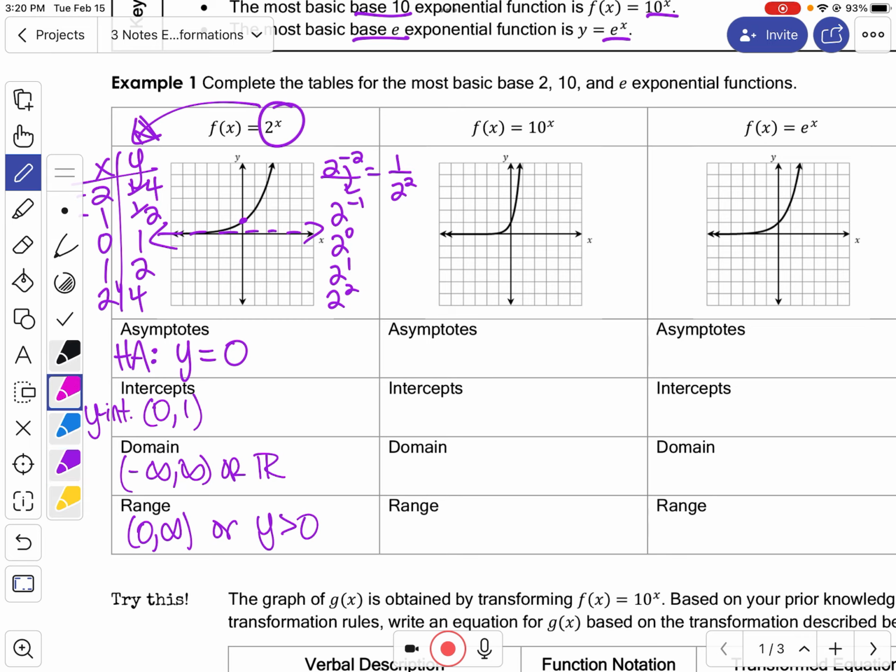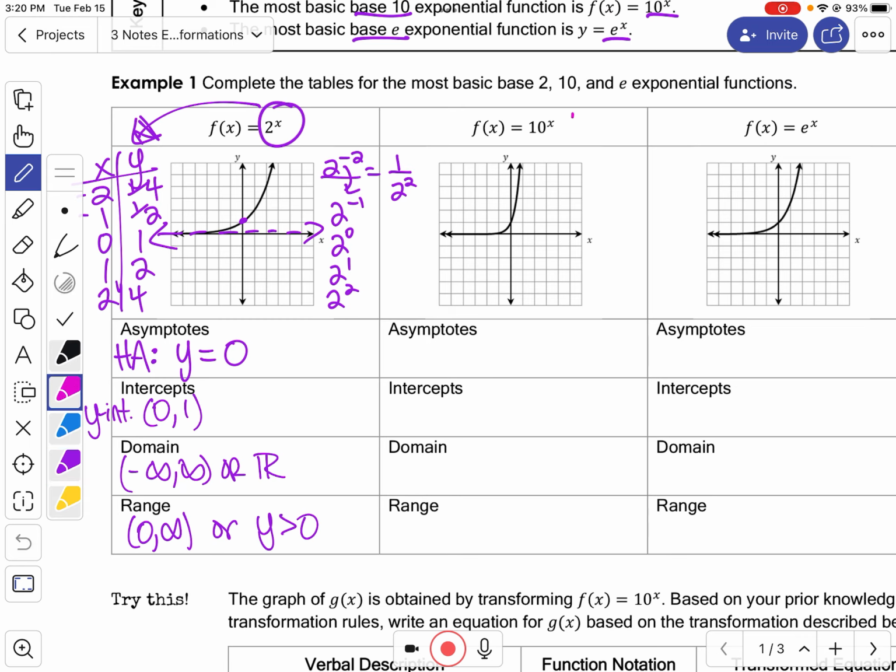The parent function if your base is 10 to the x. This is what it looks like on a graph. You could also plug in some values if you want to get the table. So looking at it, the asymptote is still the same. It's still approaching y equals 0. Notice it also has a y-intercept of 0, 1.